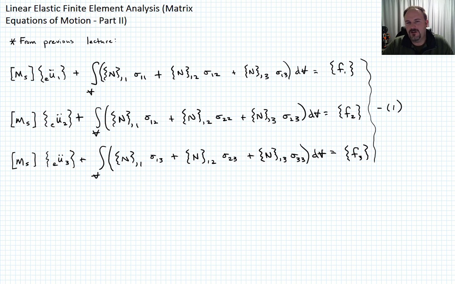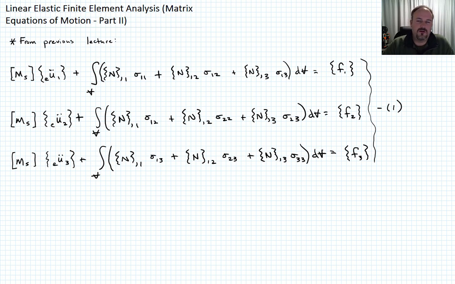Okay, so just as a reminder, that first equation is m sub s, which, as we'll show in a minute, is a submatrix, an 8x8 submatrix, times the acceleration vector in the u1 direction plus the integral of the following: the partial of the interpolation function n with respect to x1 times sigma 1,1 plus the partial of n with respect to x2 times sigma 1,2 plus the partial of the interpolation functions with respect to x3 times sigma 1,3.